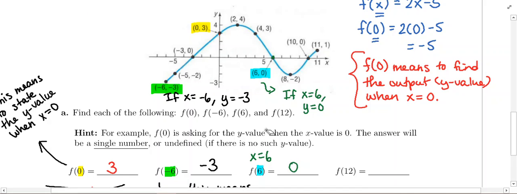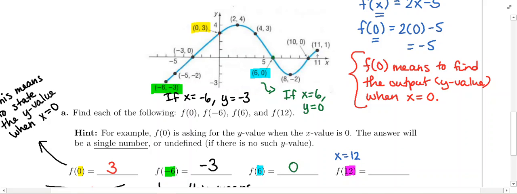All right, last one. Let's take a look at f of 12. Here the x value that we're going to be plugging in is 12. So we need to go to the x-axis and locate 12. If you look where my cursor is, this is where x equals 10.